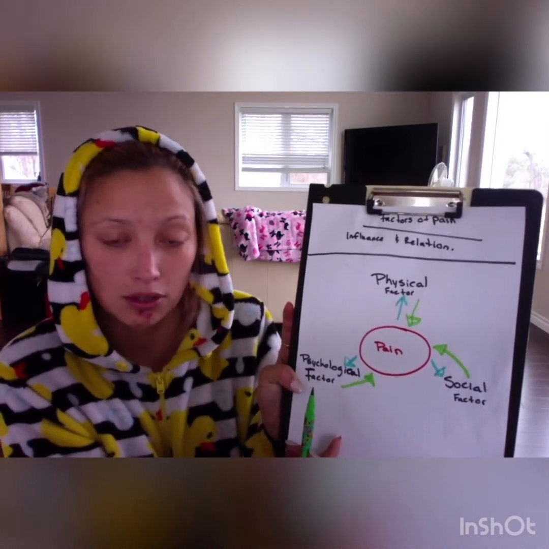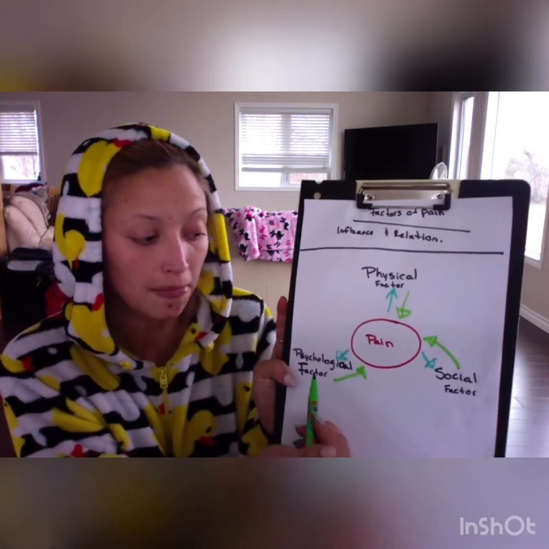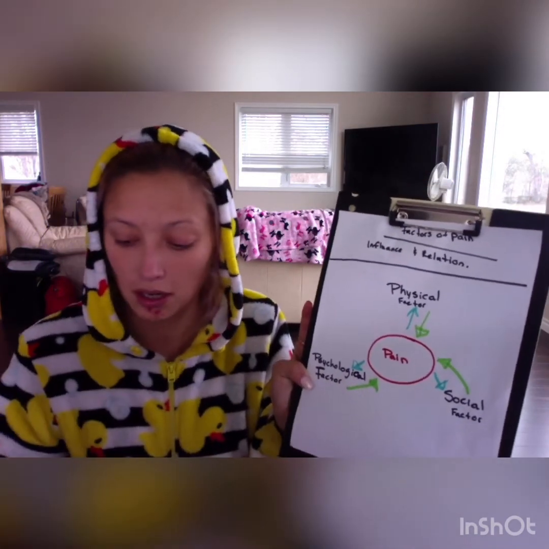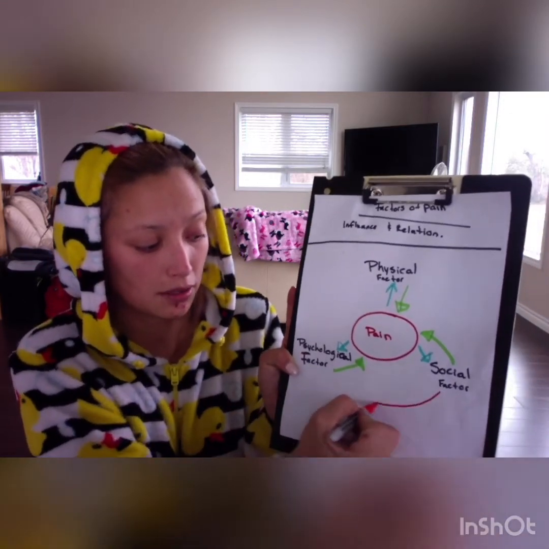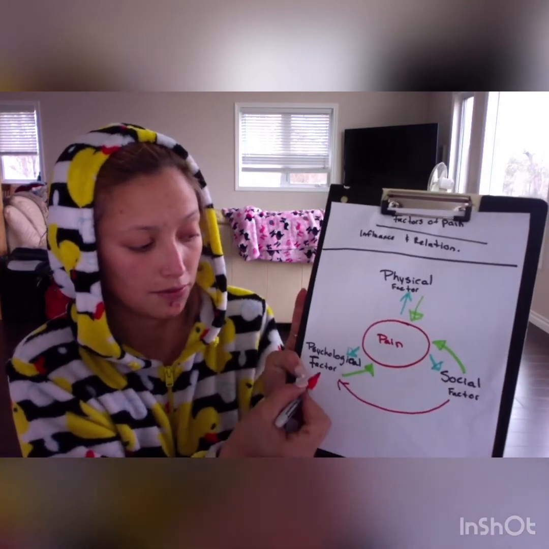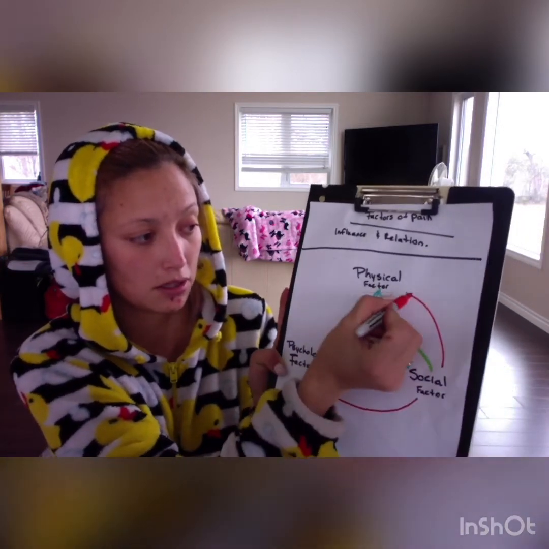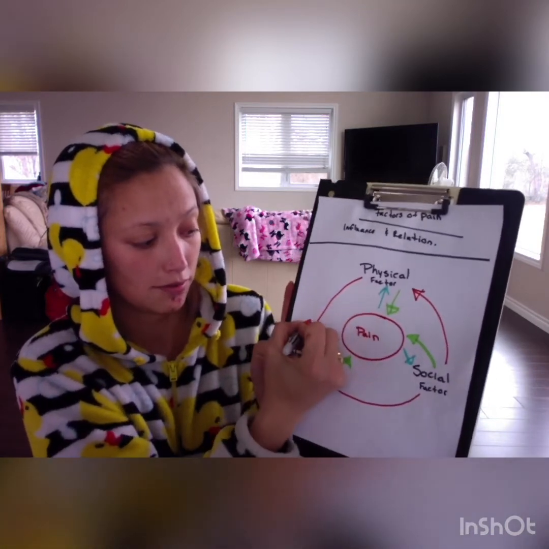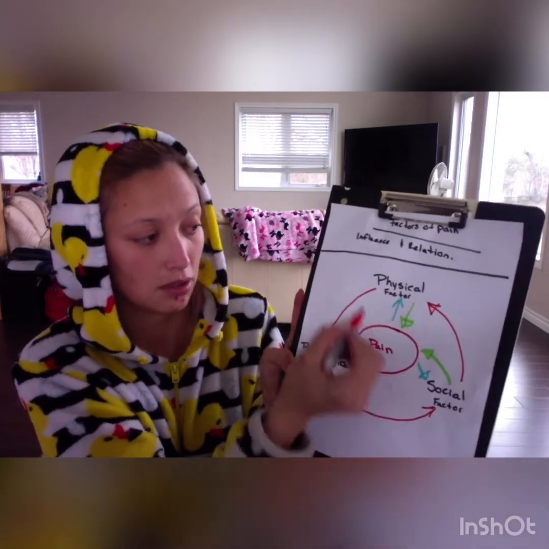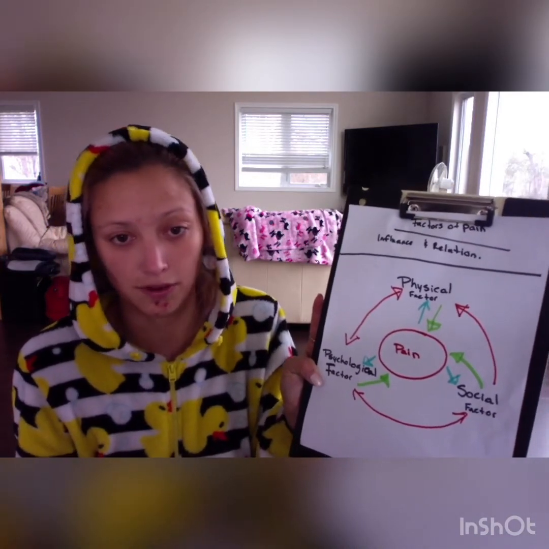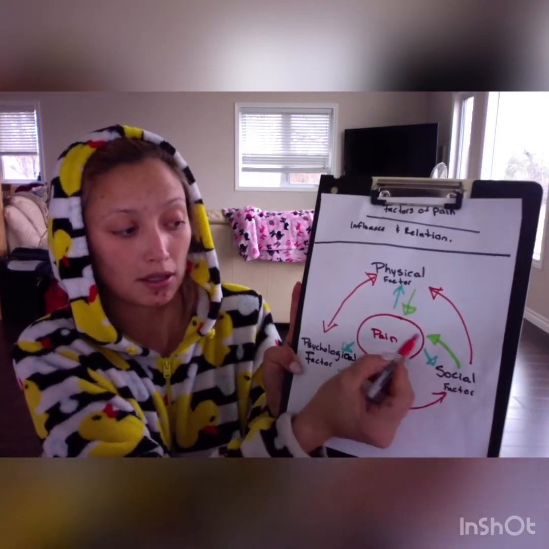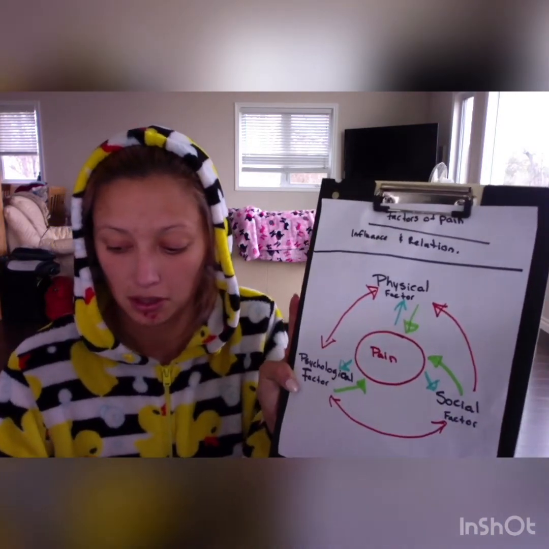Psychological factors would be, if you're happy, it reduces the pain. So now with that in mind, your social factors can affect your physical or psychological factors, and your psychological factors can affect your physical and social factors, which then go back to the pain. So I hope that sort of helps, as in influences in relation to pain.